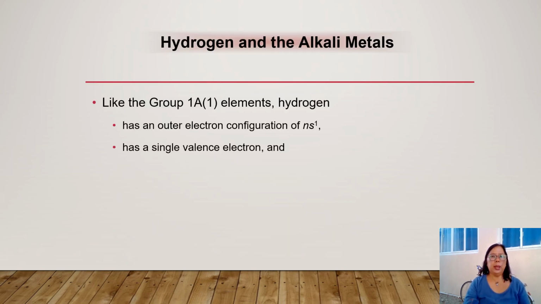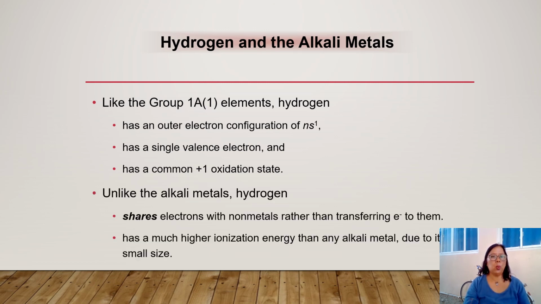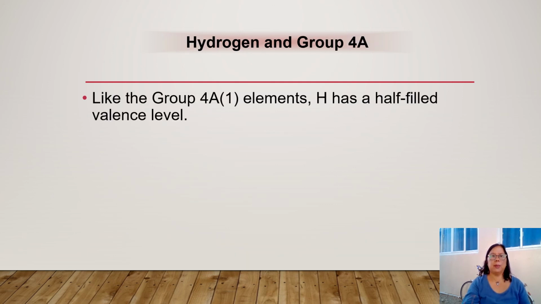Like group 1A elements, hydrogen has an outer electron configuration of s1, has a single valence electron, and of course has a +1 oxidation state. Unlike the alkali metals, hydrogen shares electrons with nonmetals. And hydrogen has a much higher ionization energy than any alkali metal because of its size.